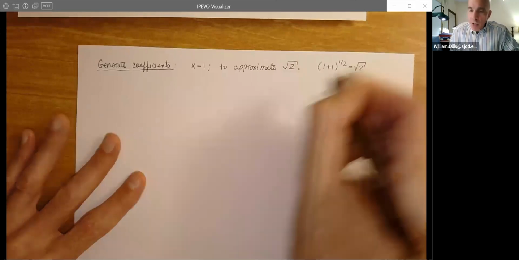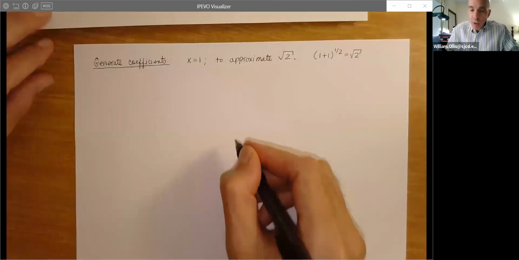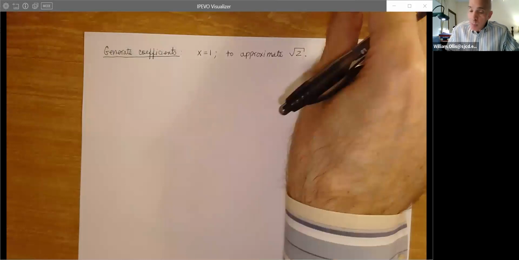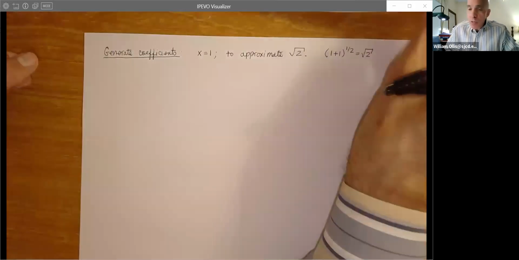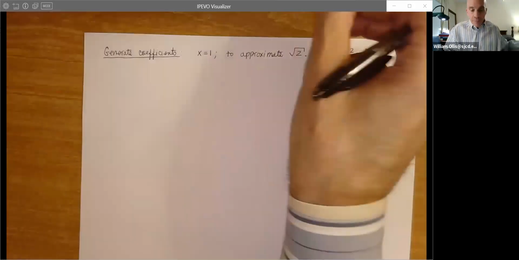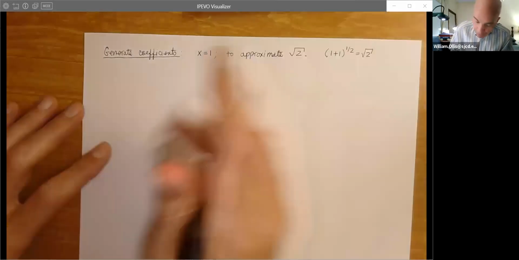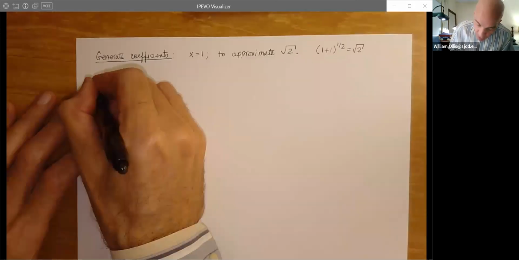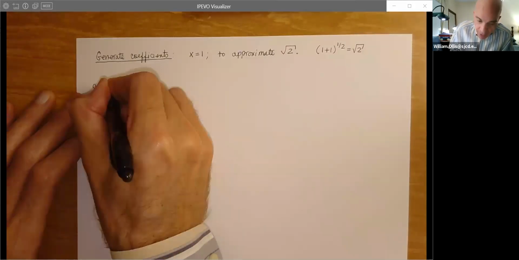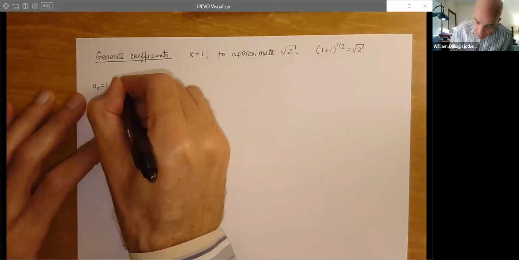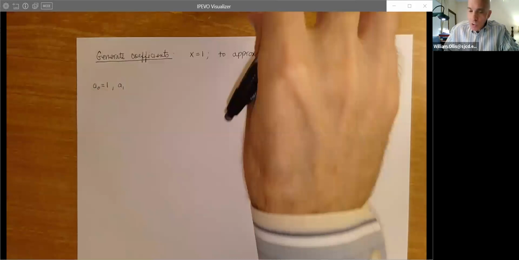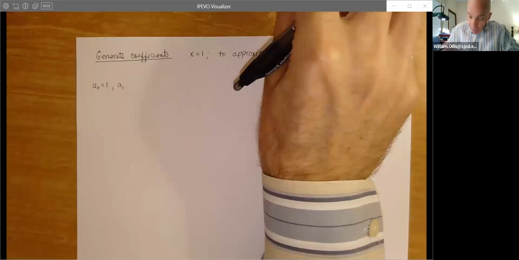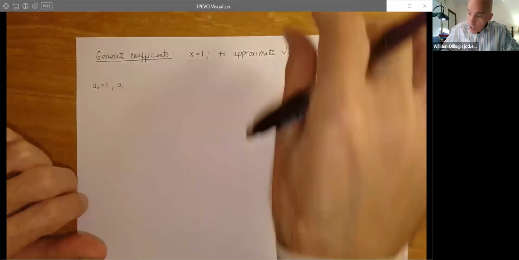So what I've done here is I've used our newfound formula to generate some of these numbers for us. So first, a sub 0, that's 1. A sub 1. And what I've done, I'm going to use the formula that we have here. Let me write it down so you can see it.